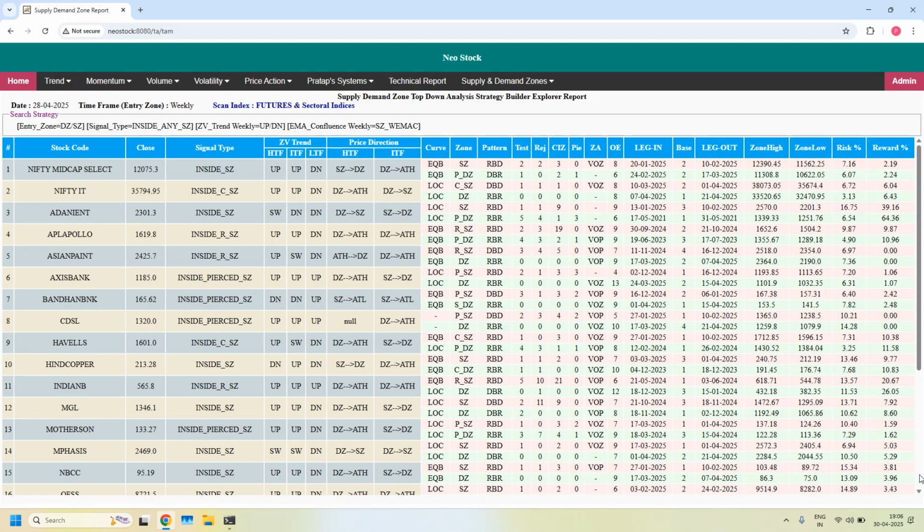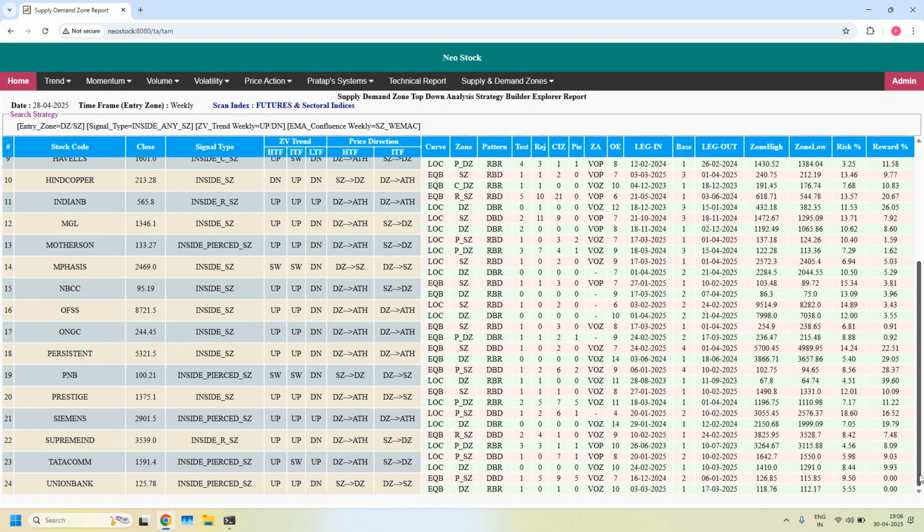First 15 stocks in the list. Scrolling the list down. So total 24 stocks are filtered. So this is about weekly time frame.